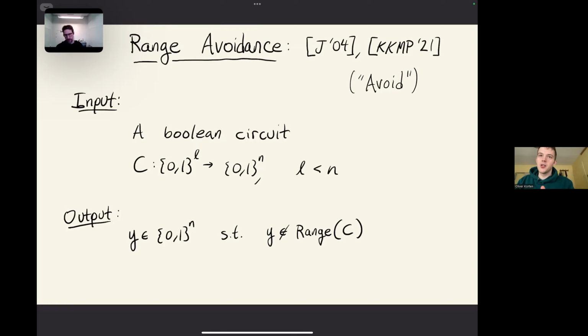Also, this problem shares the common property that a randomly chosen solution is correct with high probability. If I choose a string from {0,1}^n, which is at least twice as big as {0,1}^L, then I have probability at least a half that I'm outside the range.